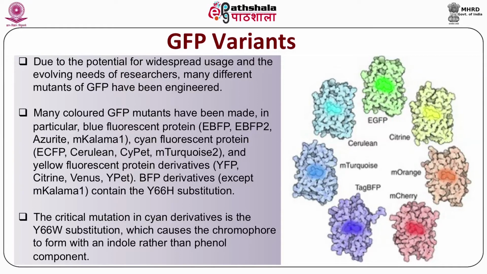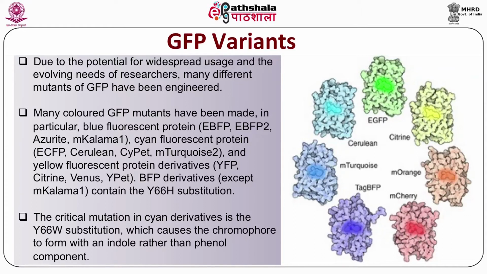Many colored green fluorescent protein mutants have been made, in particular blue fluorescent proteins such as EBFP, EBFP2, azurite, M-calama-2-1, cyan fluorescent proteins such as ECFP, cerulean, cypet, M-turquoise, and yellow fluorescent protein derivatives YFP, citrine, Venus, Vipette.